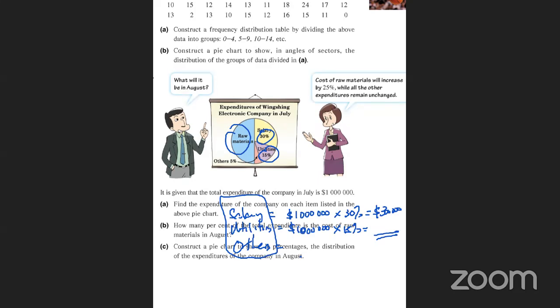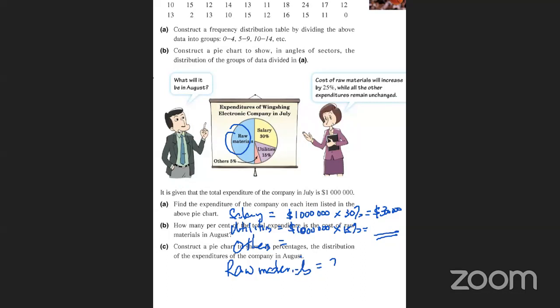It is not written in the diagram here, but do you know? Any suggestions? Do you know how to find the percentage for raw material in this case?